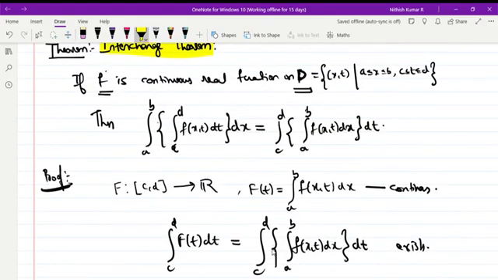Therefore this implies we can interchange the integrals. We can interchange the integrals, hence the theorem. Thank you.